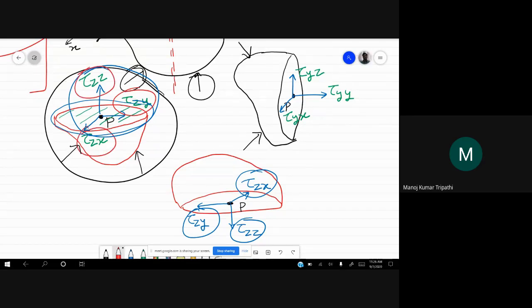So what we say is, if we consider a negative plane, the normal is in the negative direction, then if you draw the stress components in the opposite directions, that is in the negative directions, because here this is the positive x direction and we have drawn it like this, then they are same as the positive components on the positive plane.